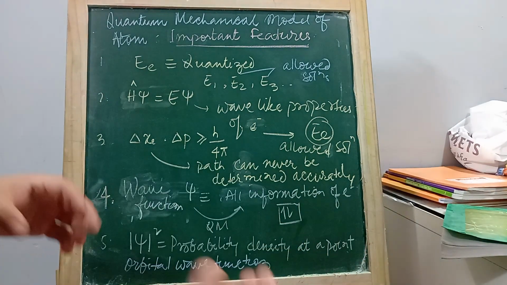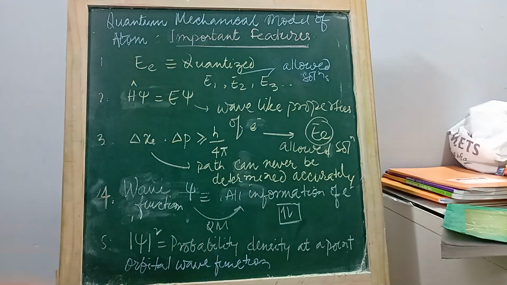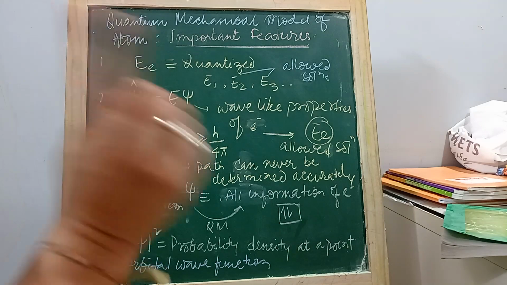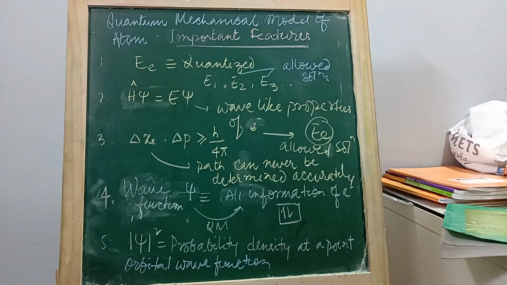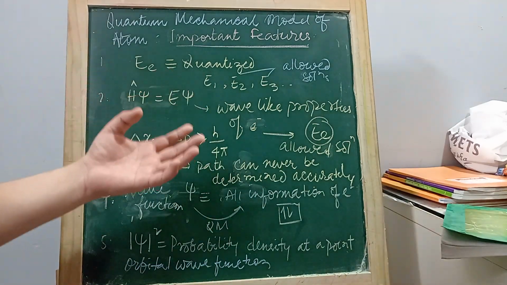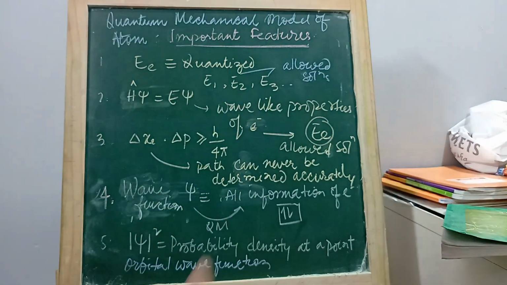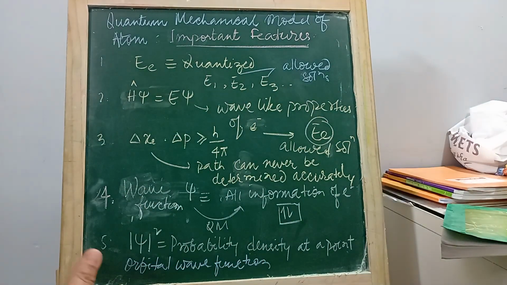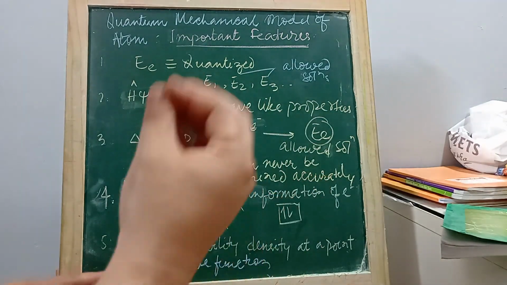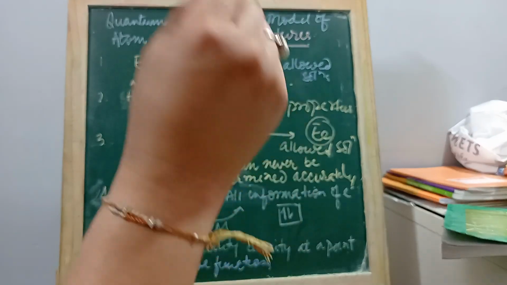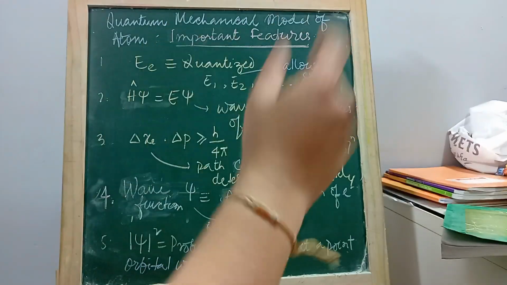Only some specific amount of energy is allowed when an electron is staying in an atom. Those energies may be E1, E2, E3. I'm just using some symbols, not giving the values, but it will have some specific values. The energy of the electrons is quantized.